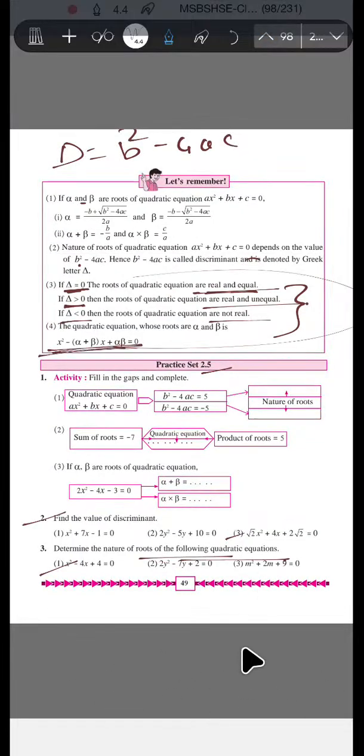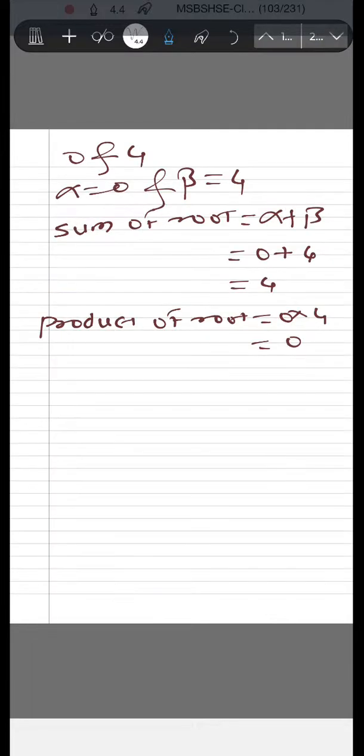The quadratic equation whose roots are alpha and beta is x square minus alpha plus beta into x plus alpha beta equal to 0.